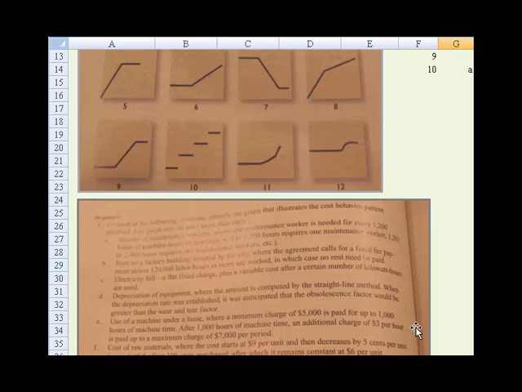Now we'll read E. E says use of a machine under a lease where a minimum charge of $5,000 is paid for up to 1,000 hours of machine time. After 1,000 hours, an additional charge of $3 per hour is paid up to a maximum charge of $7,000.